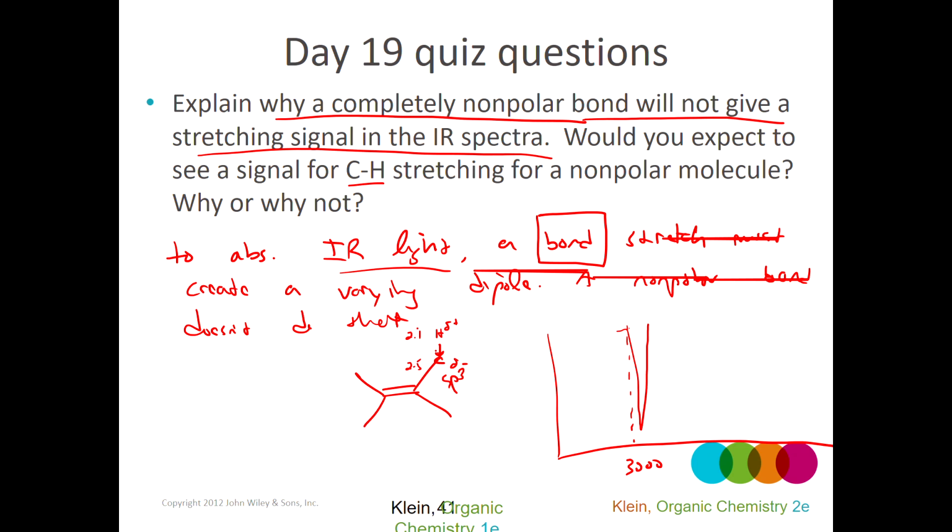So any CH bond should produce a signal, because every CH bond is at least somewhat polar. So it doesn't matter if the molecule is nonpolar. What matters is that the bond is polar, and so it will absorb some infrared light. Any questions about any of that?